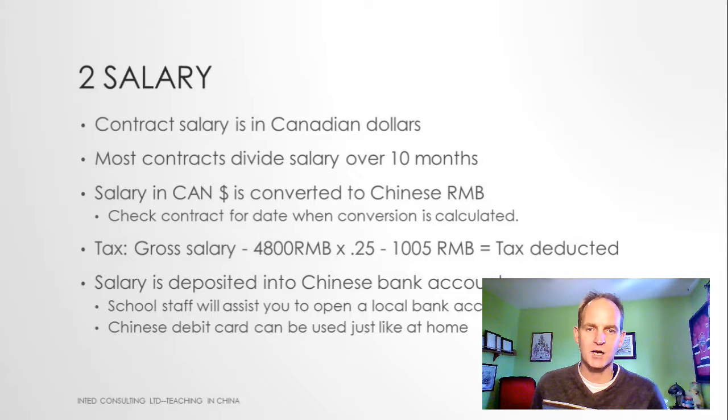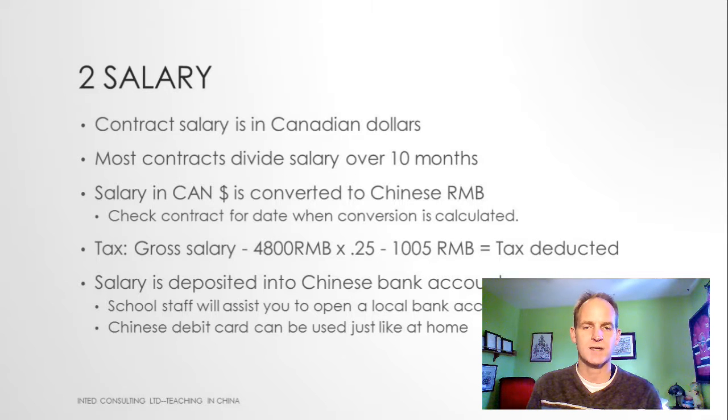So our contracts are stated in Canadian dollars. But when it comes time to pay you, and generally speaking, you're going to be paid your salary over 10 months in 10 equal payments, your salary will be converted from Canadian dollars into renminbi, and you can check your contract for the details on how that's done.